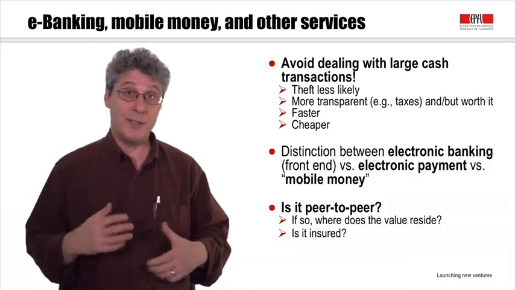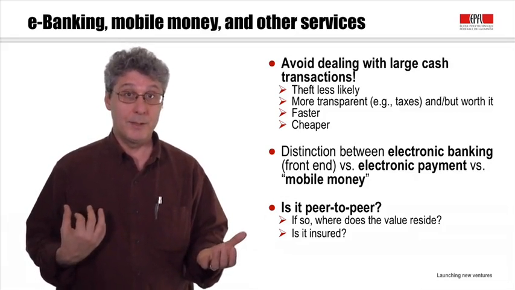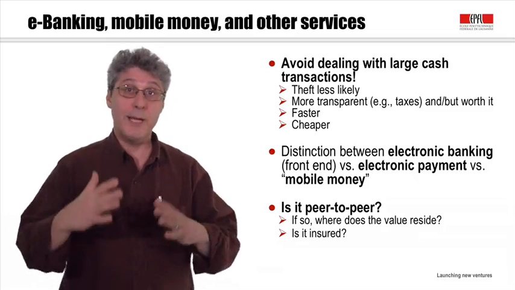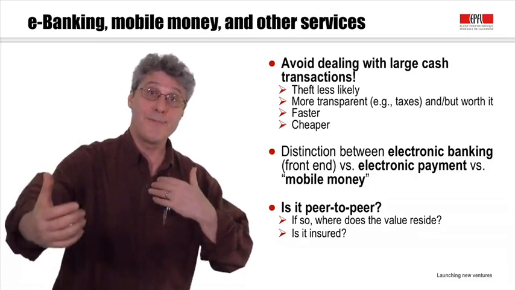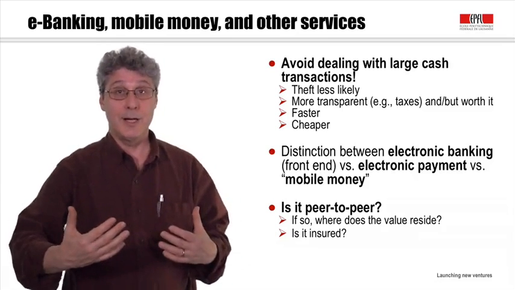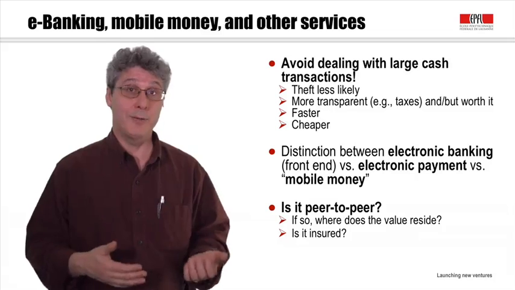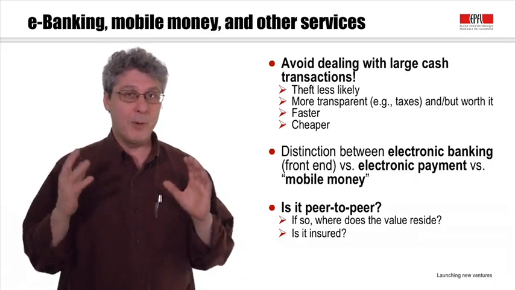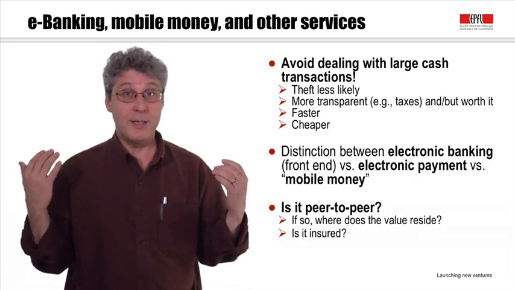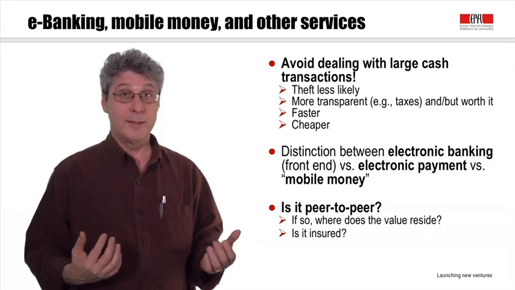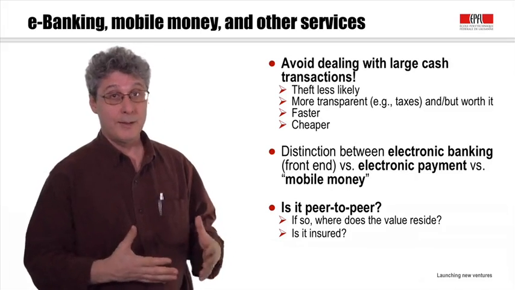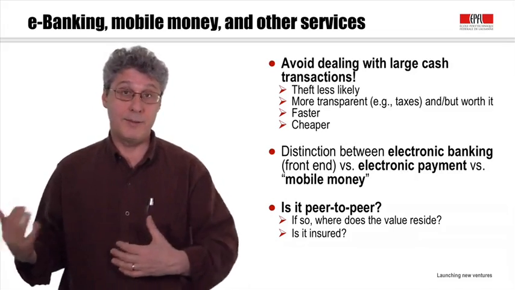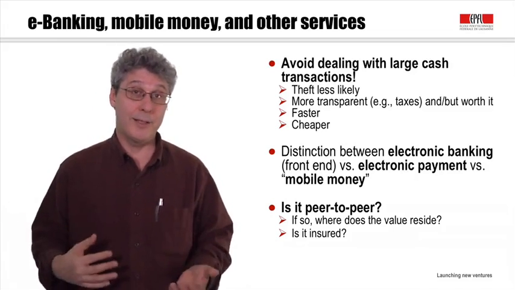And then the question you have to ask in a peer-to-peer system is, is that money insured as well? If not, it's okay, but you probably don't want to put everything on a peer-to-peer stored value type exchange. So there are a few things to think about here, but overall, I would say the benefits of having electronic transactions far outweigh the disadvantages of electronic transactions.